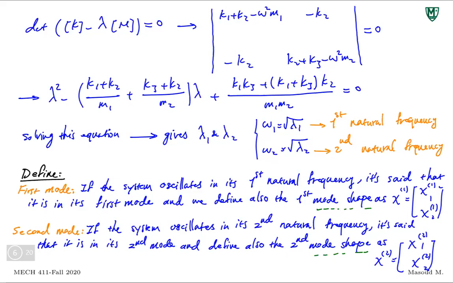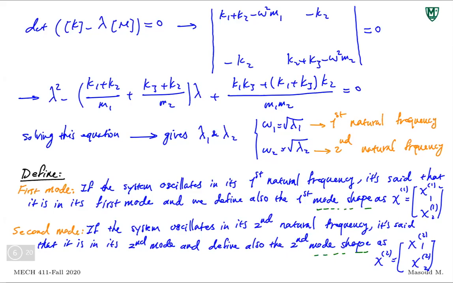Think about the concept of resonance for systems with 1 degree of freedom: the frequency of excitation could be anything if we had a force applied to the system, but it could also be equal to the natural frequency, which gave us resonance. Here also the system can oscillate in either the first or second natural frequency, or in a frequency that is neither of them, a combination of both. We'll see how to deal with that.